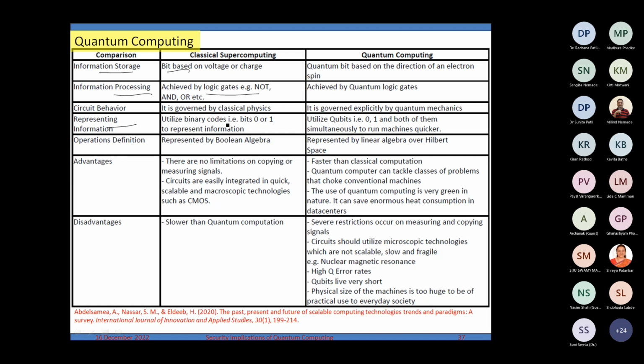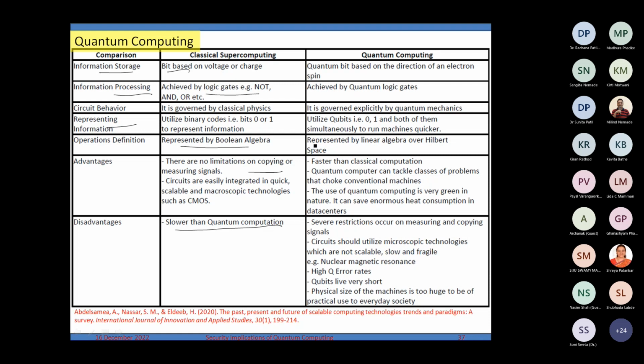You represent information in binary codes, either 0 or 1, and operations are performed using Boolean algebraic operations. What are the advantages of conventional computers? There are no limitations about measuring, especially, and the circuits are easily integrated into a chip. The basic disadvantage is that they are slower in nature, and hence certain problems are not solvable.